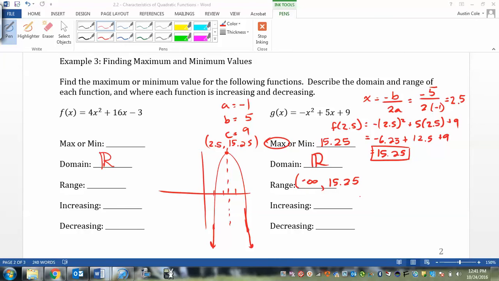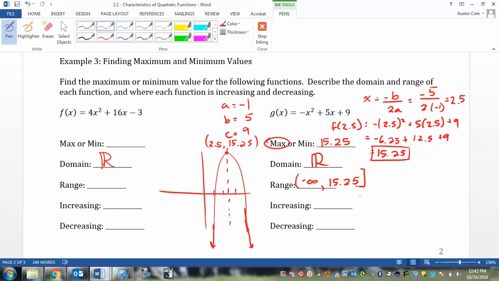Is the graph at 15.25? It is. There's a point there. So therefore, we're going to have a bracket. I talked about that real briefly in chapter 2. We're going to keep talking about it all the way through. They'll use it a bunch in pre-calc next year.